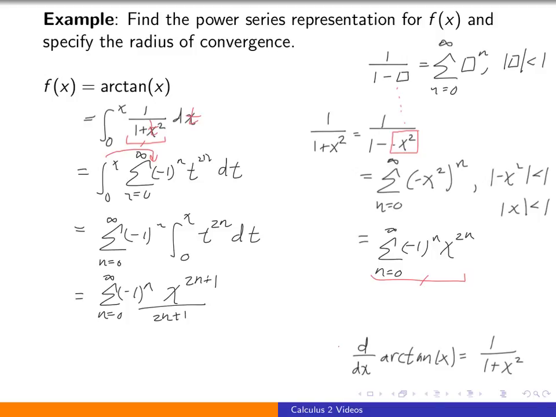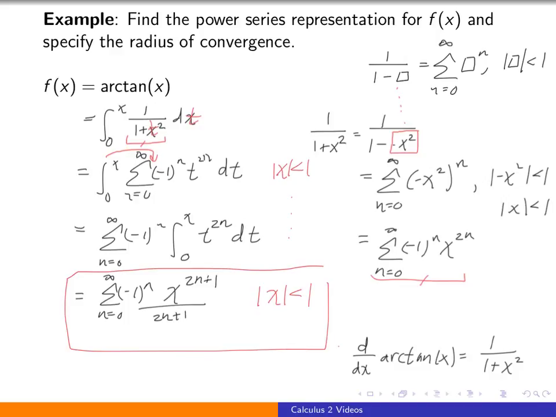And because the radius of convergence of the power series we are integrating is 1, integrating does not change that. So for the power series representation that we've come up with for arctangent of x, there's also a radius of convergence 1. Note that this is a very common approach.